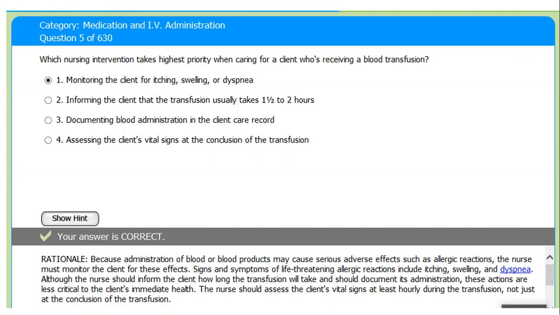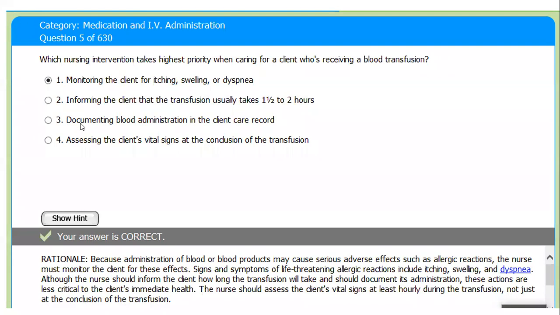Although the nurse should inform the client how long the transfusion will take or should document its administration, these actions are less critical to the client's immediate health.